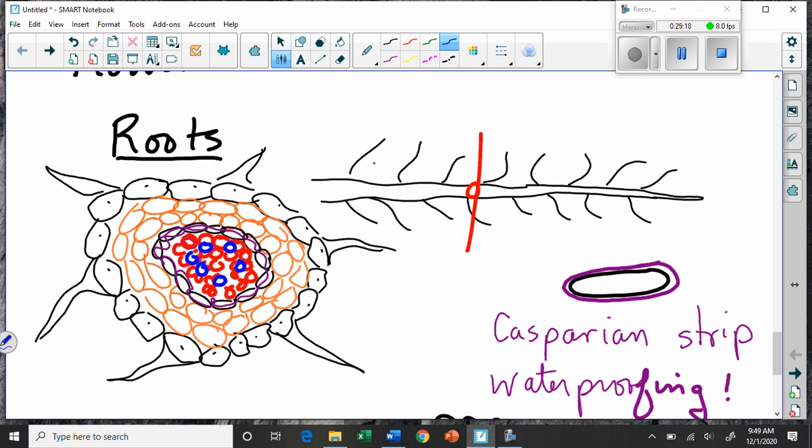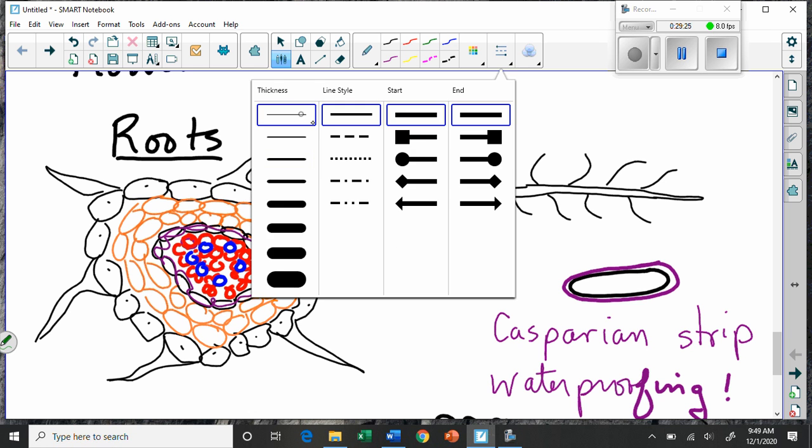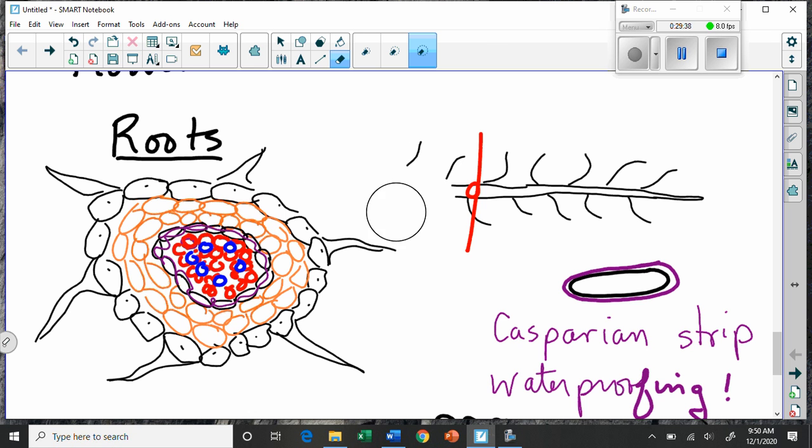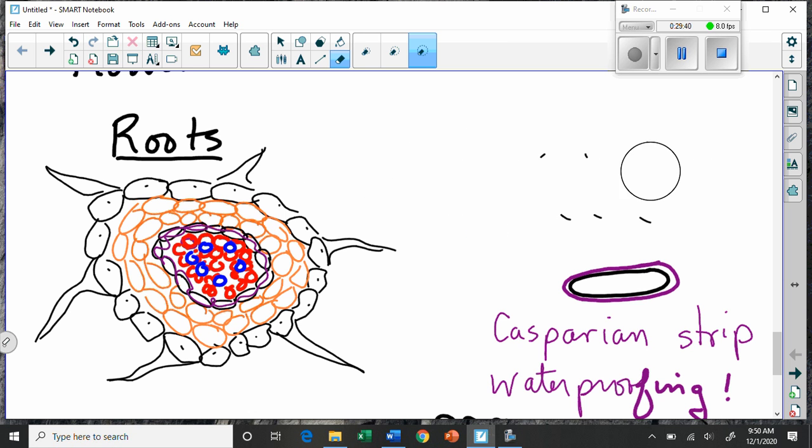So I guess we need some labels on this, right? So let's draw some lines. I'm going to label in green. That should stand out pretty well. So we have the epidermal layer on the outside. So maybe I can just erase this big root here and get that out of the way. We don't really need him anyway.